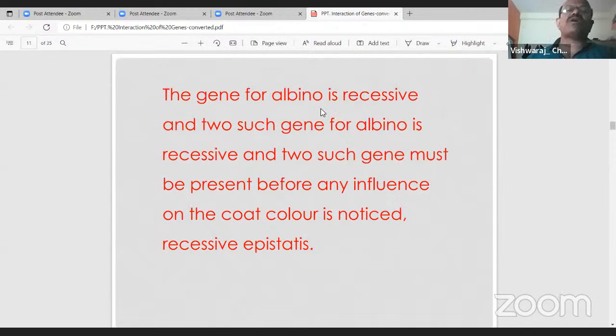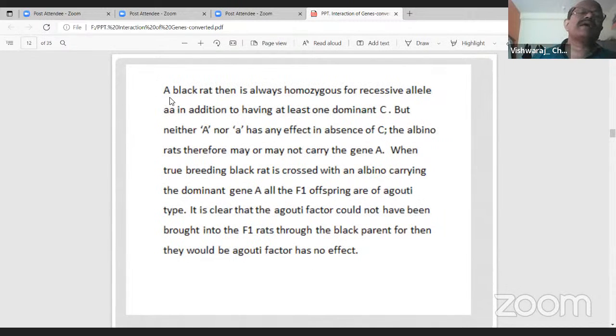The gene for albino is recessive, and two such genes must be present before any influence on the coat color is noticed: recessive epistasis. A black rat then is always homozygous for recessive alleles.